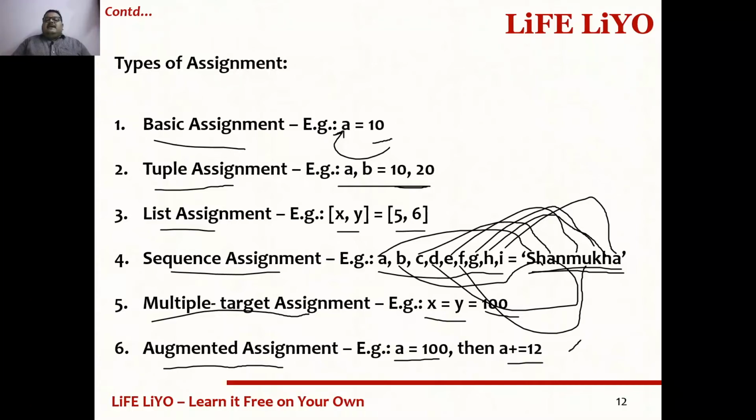That means a equal to a plus 12. It is going to hold 100 plus 12. A total of 112 is going to be stored in a here. This is called augmented assignment.